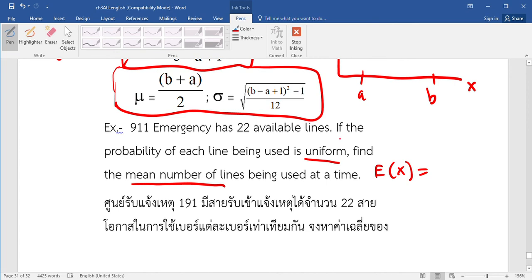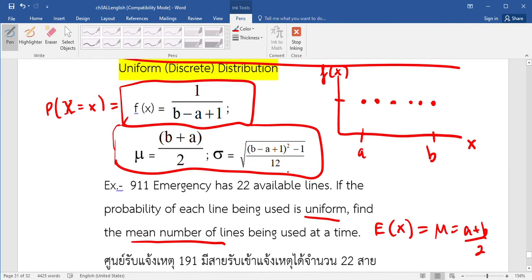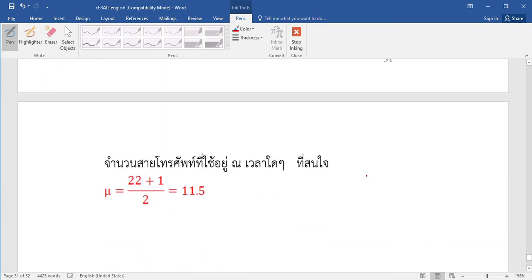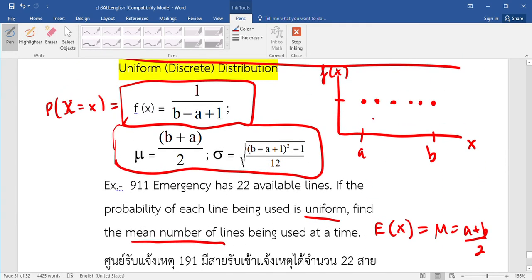E of x, or mu, is a plus b over 2. We know that the lines have uniform probability. So from line 1, line 2, line 3, line 4, line 5, 6, 7, up until line number 22, they all have the same probability of being occupied.